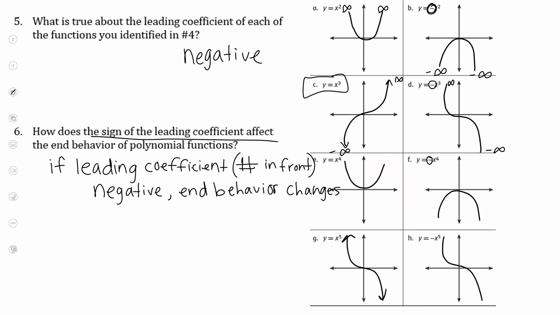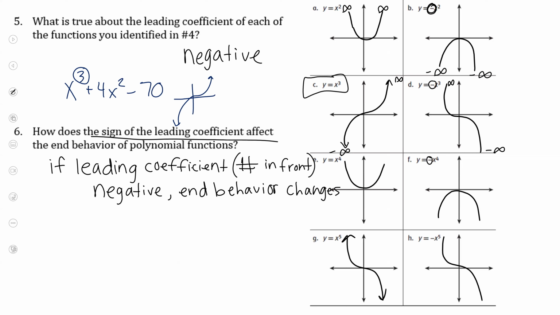So guys, the goal of this lesson is that you will be able to figure out what the end behavior is without looking at the graph. Let me give you an example. If I give you this, x cubed plus 4x squared minus 70. I have no idea what this looks like, but I know it's going to look something like this. You can tell me the end behavior. I know it looks like this because it's a cubic.